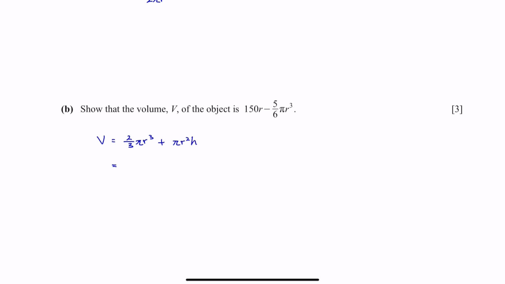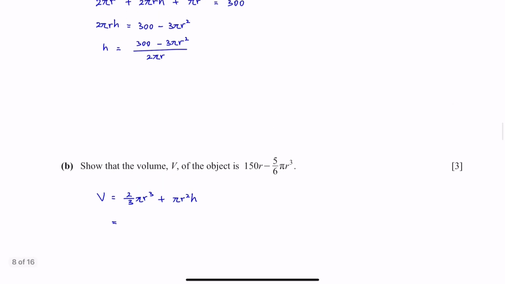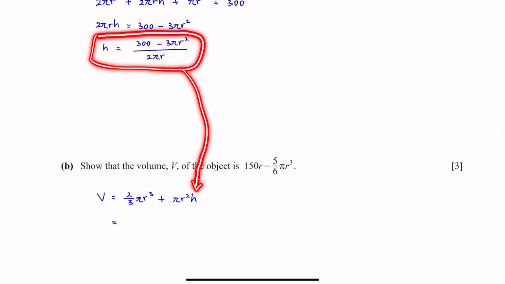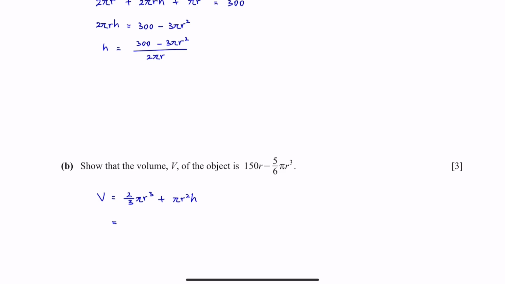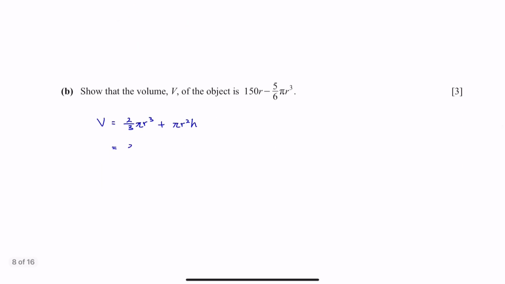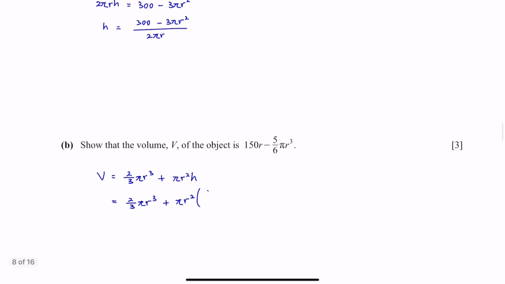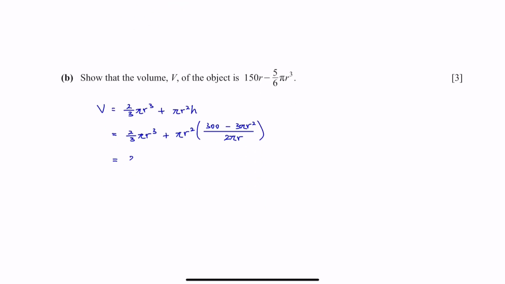But we need to sub this equation into the h value here. So we have 2 over 3 pi r cubed plus pi r squared times 300 minus 3 pi r squared over 2 pi r. And let's simplify it.